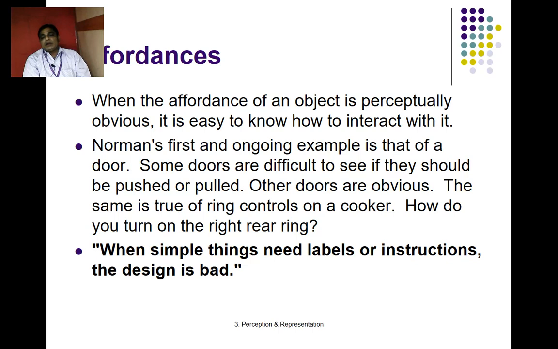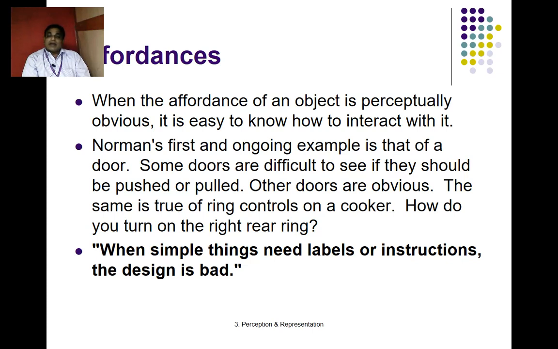Some doors are difficult to see whether they should be pushed or pulled, as I explained. Other doors are obvious. The same is true of the ring of controls on a cooker: how do you turn on the right rear ring, and so on.